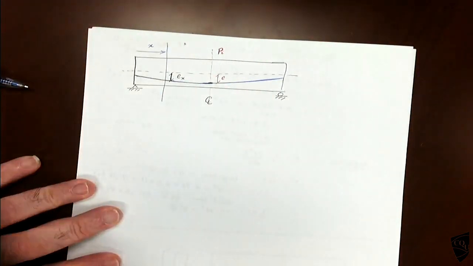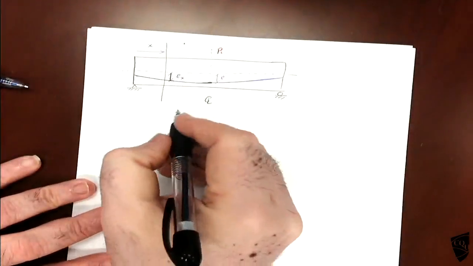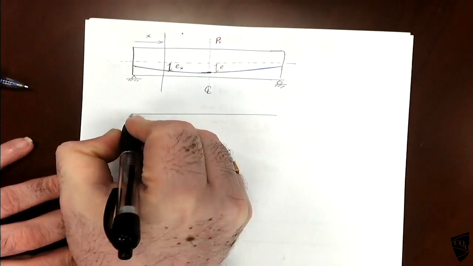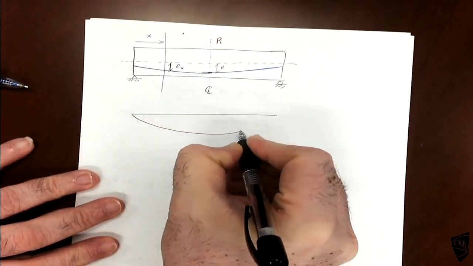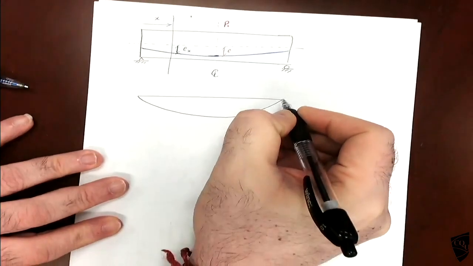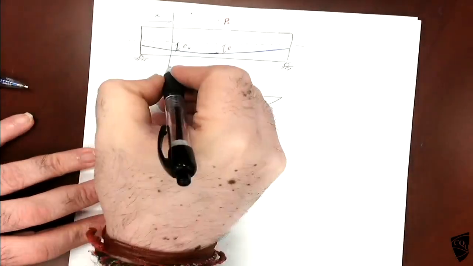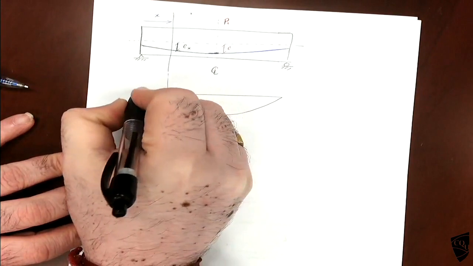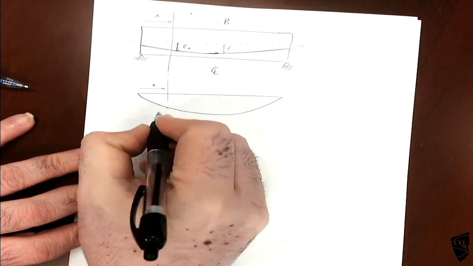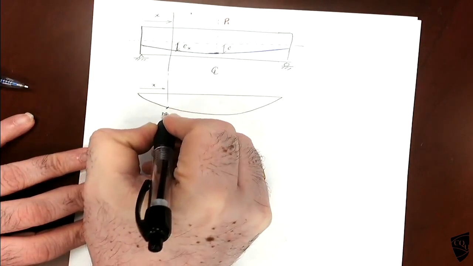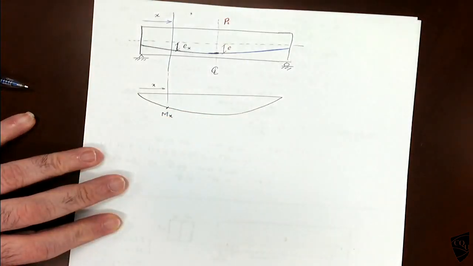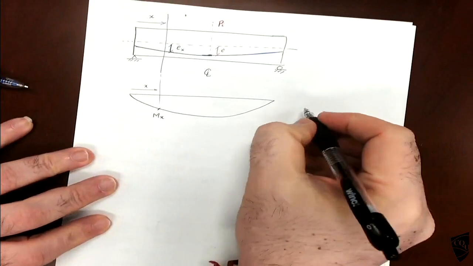For this beam, we know the bending moment diagram. It's like this. At distance x, the bending moment is Mx. So what is the equation for this one?